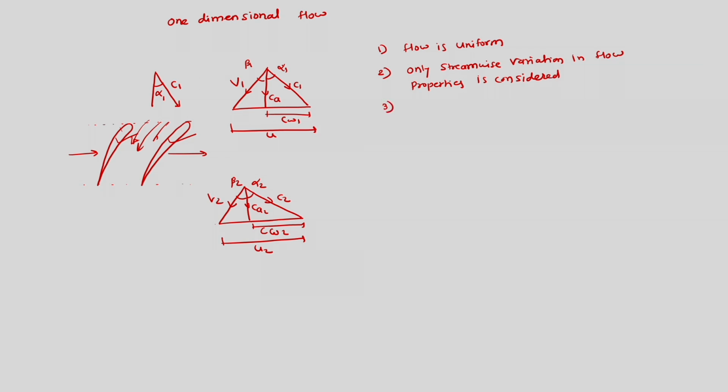Third, only one velocity triangle at inlet and outlet is used to analyze.